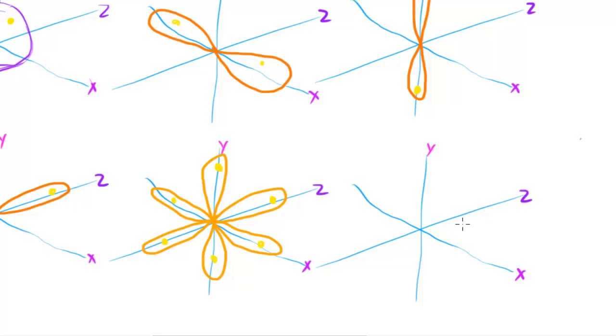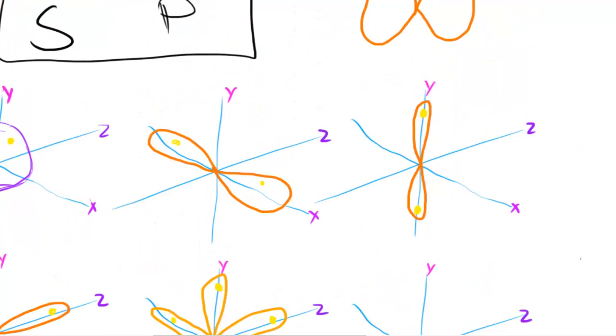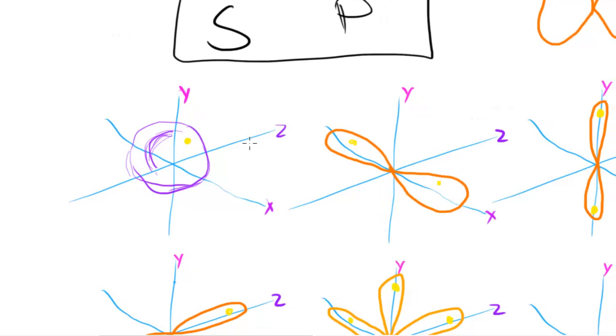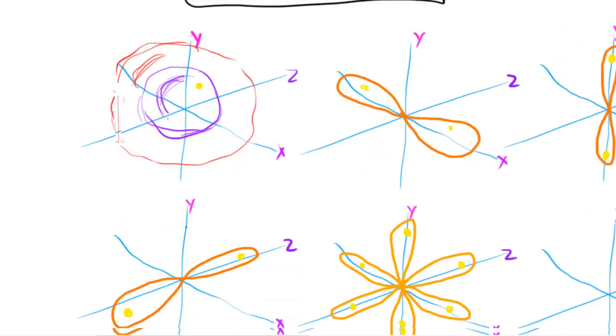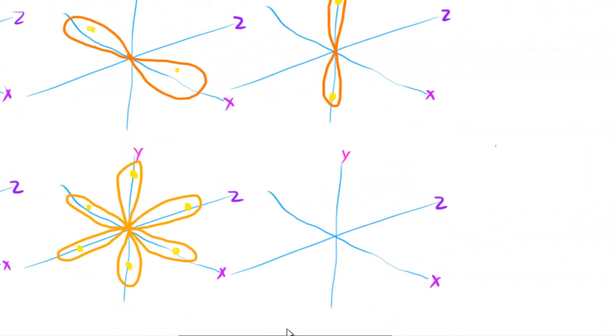If we were to take a look at what neon would probably look like in terms of orbitals, neon actually has an s orbital which is bigger. It has a 2s orbital. This here which I've drawn is a 1s orbital. If we were to draw a 2s orbital, it would basically have the same shape, except it would be slightly larger in volume. It would be much bigger, a senior version of that 1s orbital.